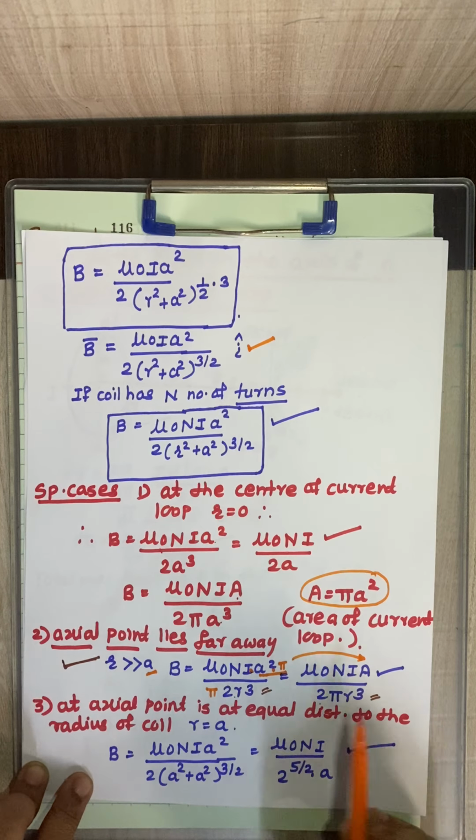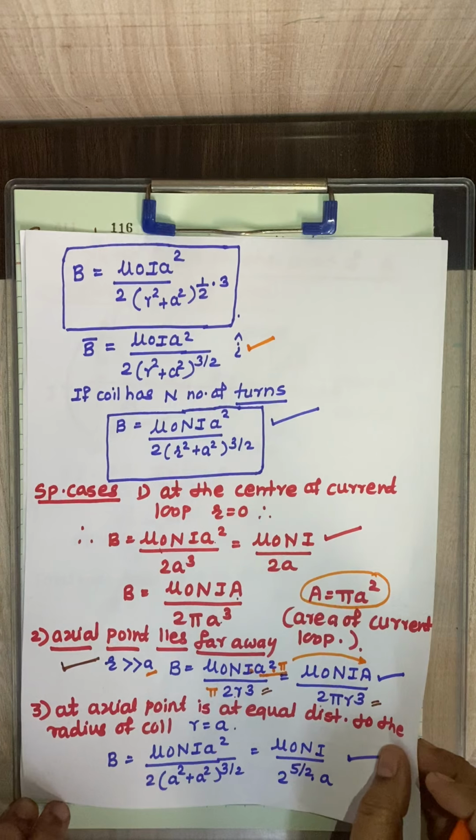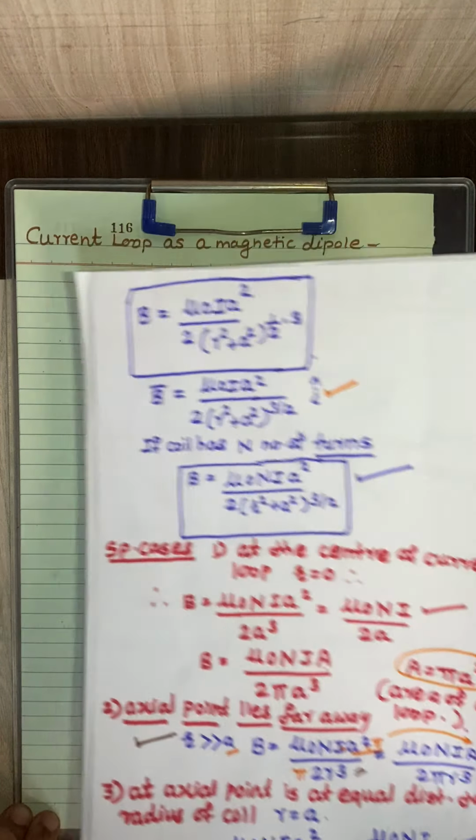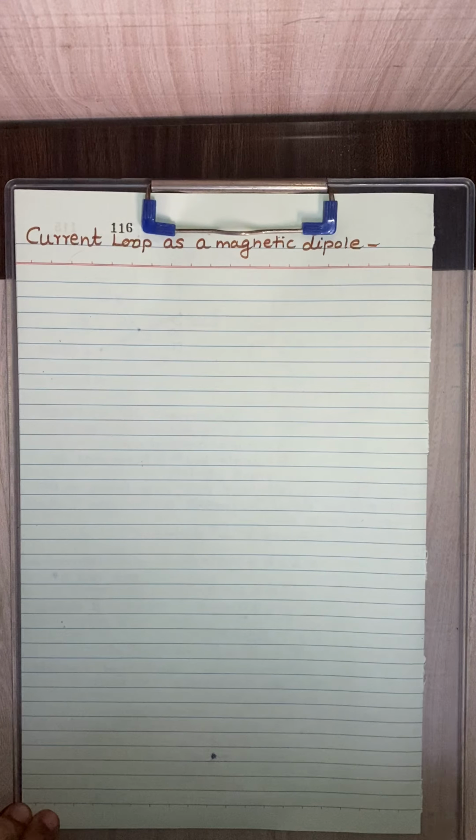This formula we used, and the same formula we are going to use to find out how the current carrying loop behaves as a magnetic dipole, and its magnetic moment.